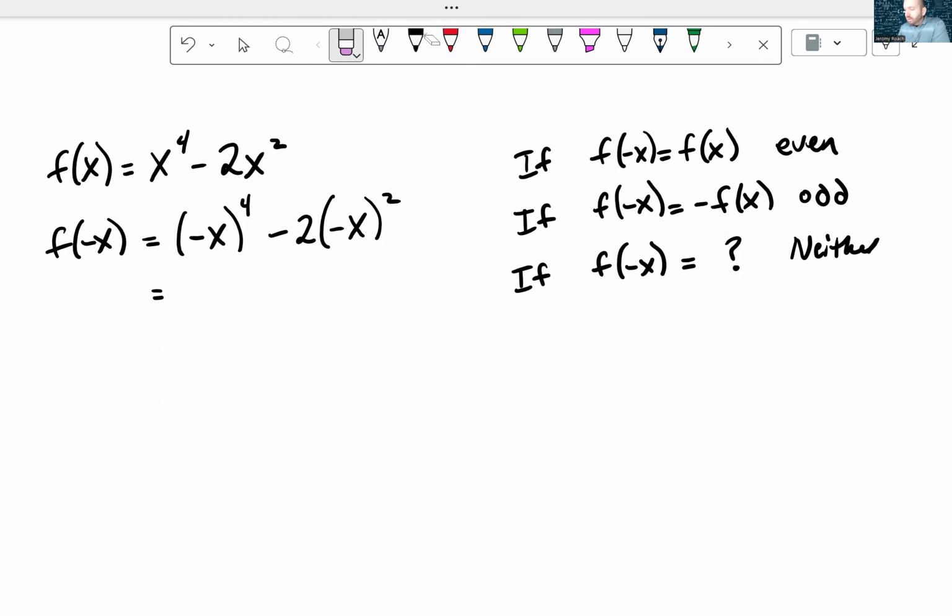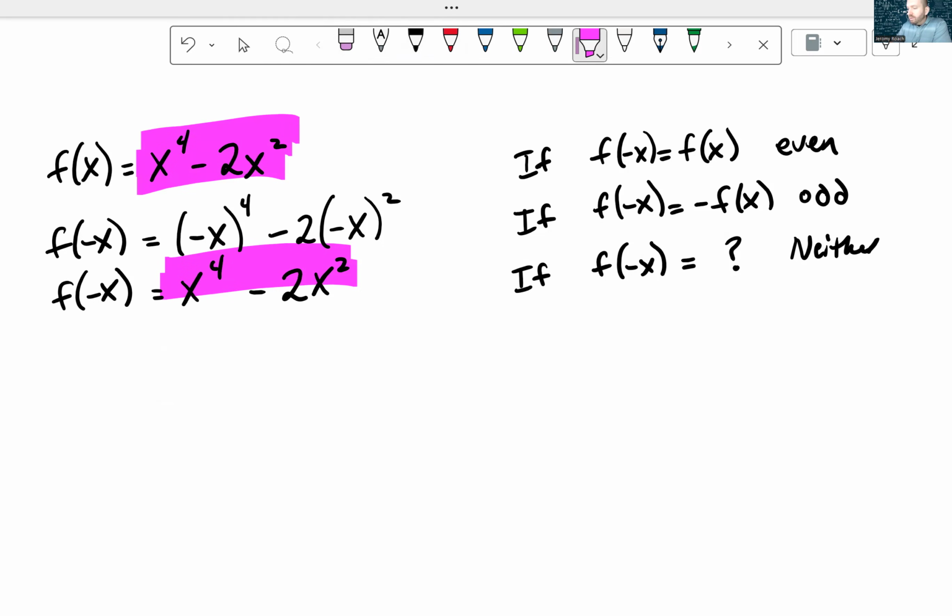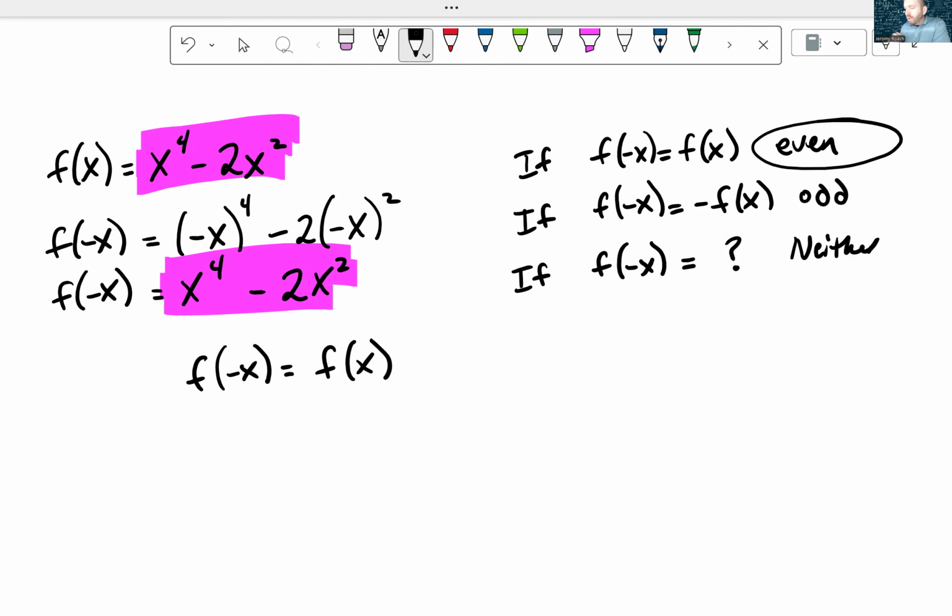Okay, that's kind of a side note. But now this is going to be x to the fourth minus 2x squared. So that is what f of negative x equals, which is the same as our original. And so we would say that f of negative x is equal to f of x, and according to our rules, that means it's an even function.